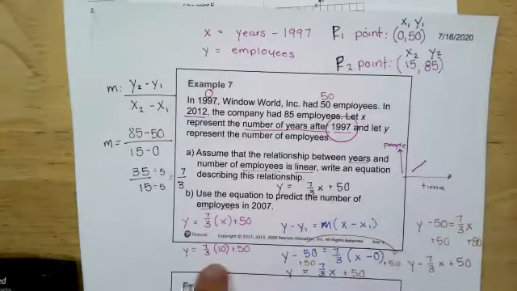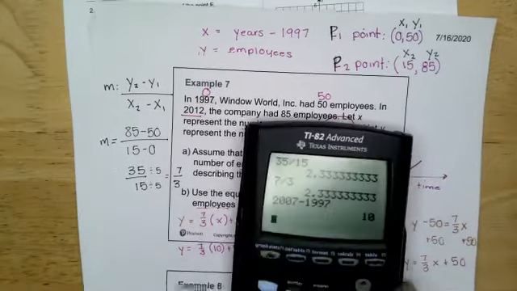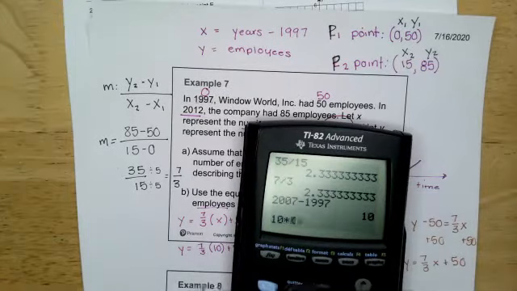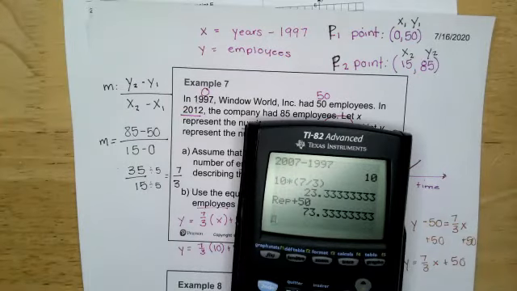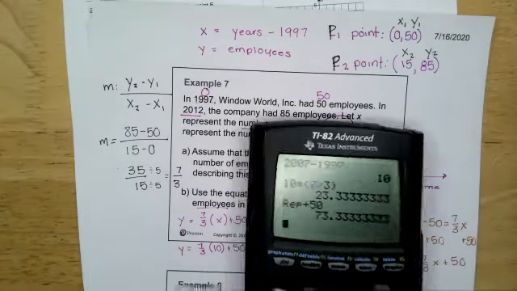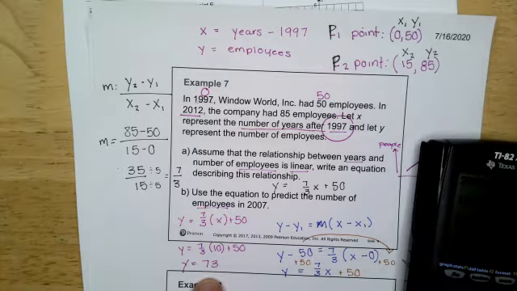Good. So I just input the one x value I know, and then I solve. So 10 times 7/3 plus 50 is 73 1/3 people. I guess I round that down to 72. Sorry, 73, not 72. Can't round 73 point something to 72.